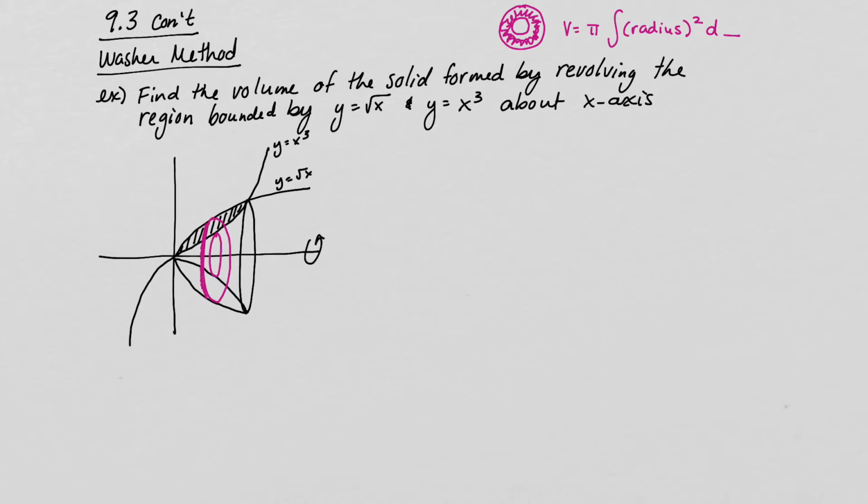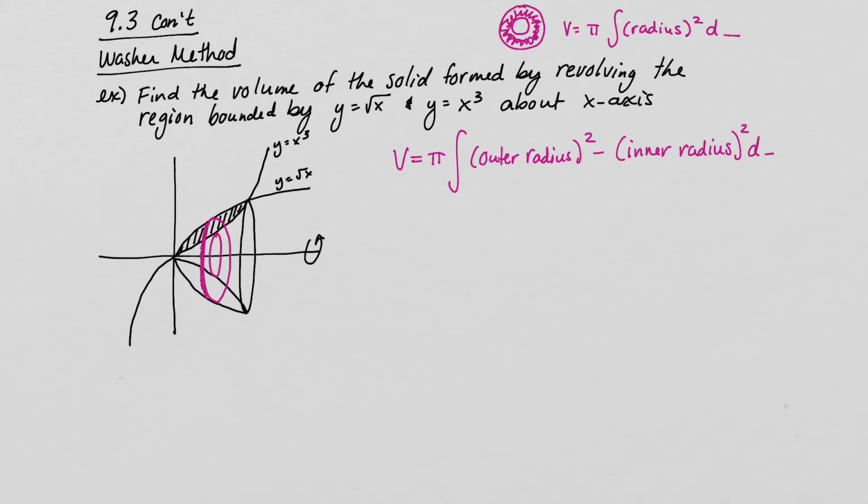We can actually do that all in one step. When we're dealing with washers, the volume is going to be pi times the integral of the outer radius squared minus the inner radius squared, d whatever.